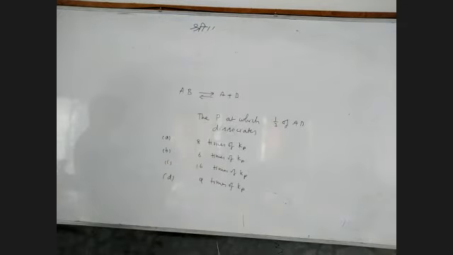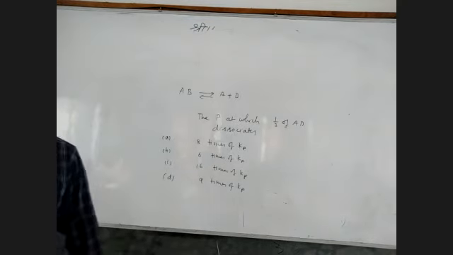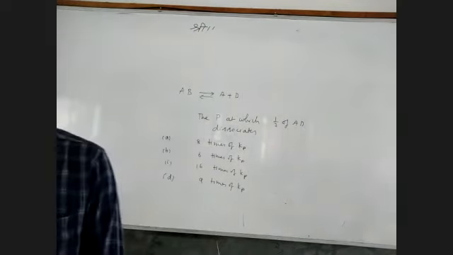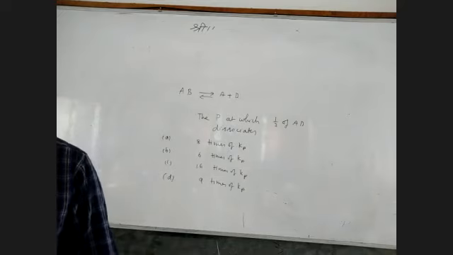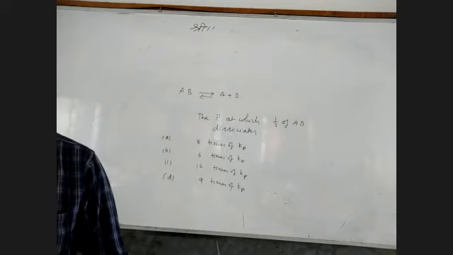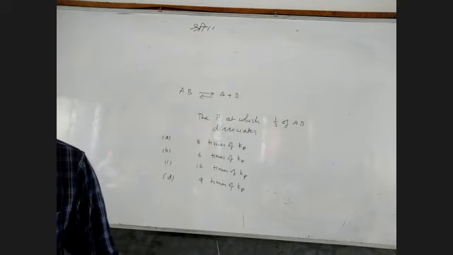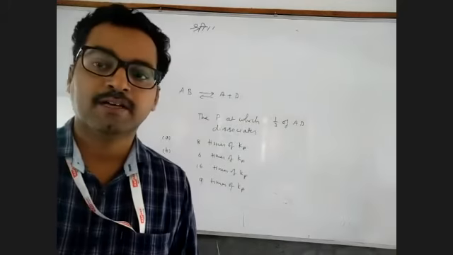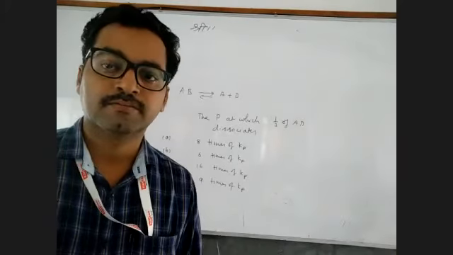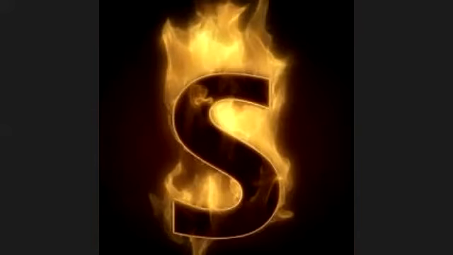See, while you are calculating Kp, what you require: total number of moles, right? And partial pressures, mole fractions you require, then you will look at Kp. Okay, try. One minute.